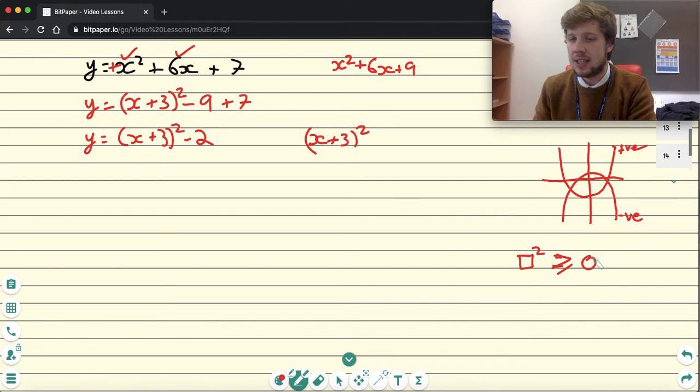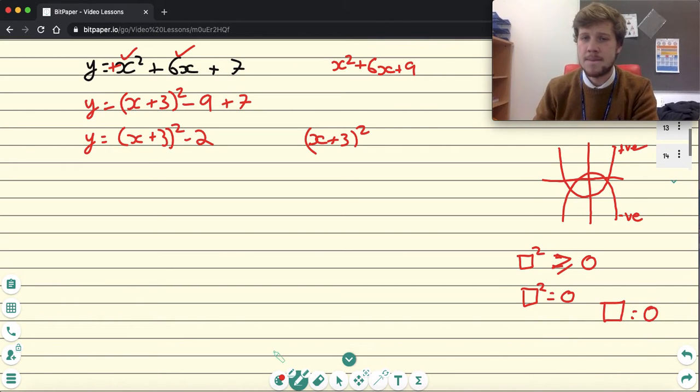The lowest value I can get is when this box here is equal to 0, because when this is equal to 0, that means the thing I'm trying to square is also equal to 0. That's the lowest value I can get. If I want the minimum point, it makes sense that I would need to find the lowest value. So this x plus 3, can we see how it is the thing I'm squaring?